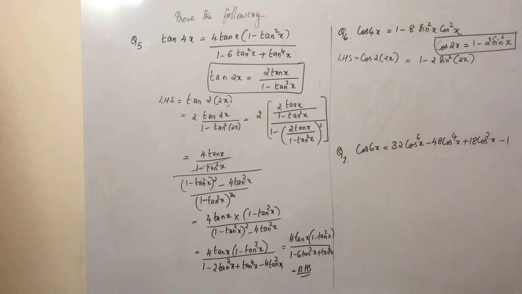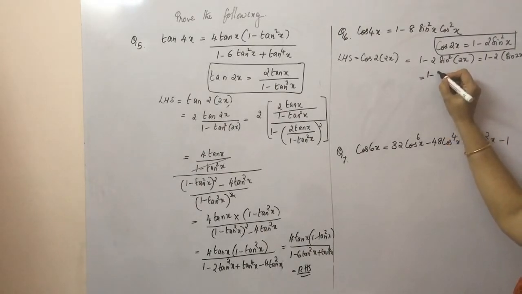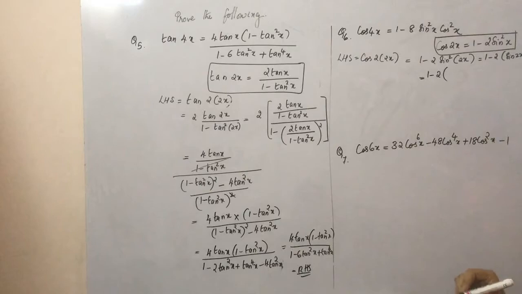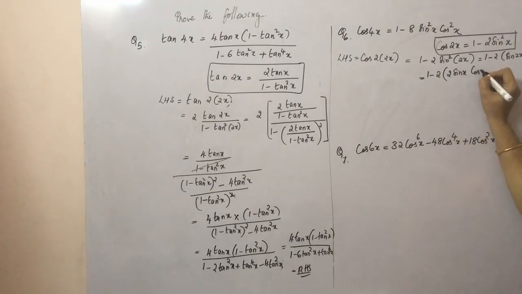Now this 2 sin square 2x, I may write this as 1 minus 2 times sin 2x the whole square, isn't it? So this is 1 minus 2 times, now sin 2x I can write it as 2 sin x cos x. So that is still another formula. Other than this I need one more formula to my proof, that is sin 2x.